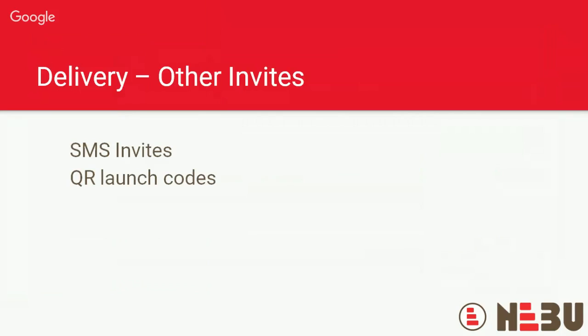Using QR codes as well, you can create different QR codes that will launch the survey for you, and depending on who you're trying to attract, you might have that on a poster at an event, so someone can just scan the QR code and get launched into a survey asking them about that particular event or item. So different ways of launching these.